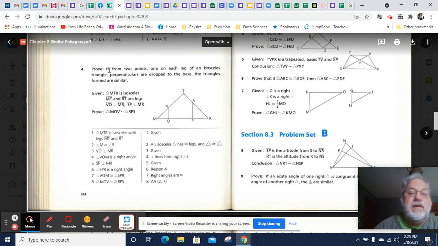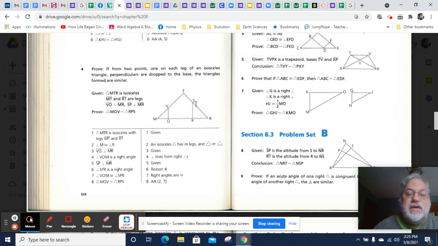We've got this one, example 4. So if from 2 points, one on each leg of the isosceles triangle, perpendiculars are dropped to the base, the triangles formed are similar. So you can see we dropped a perpendicular from S, and dropped a perpendicular from V down to O and P, and these are going to be right angles here.